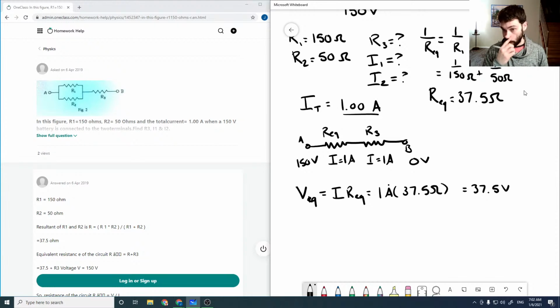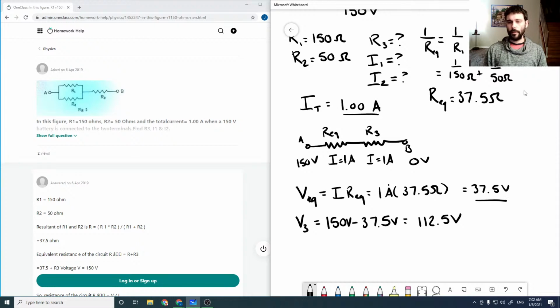And then, because we have to drop the full 150 volts, our voltage drop across R3 has to be 150 minus 37.5 volts, which is 112.5 volts. We know that we've dropped 37.5 across the equivalent, and so therefore the drop across resistor 3 will have to be this.